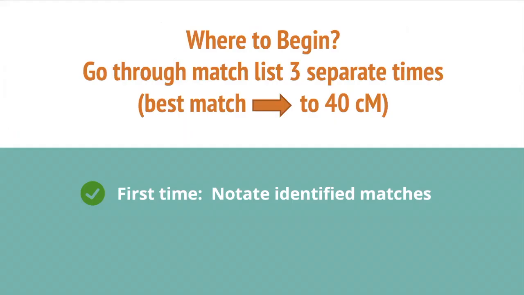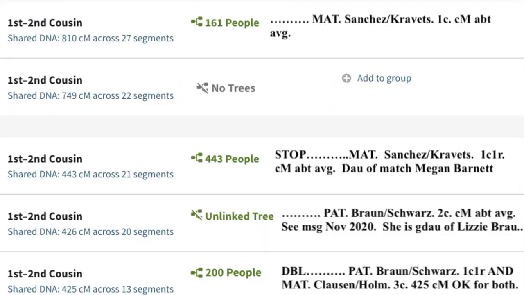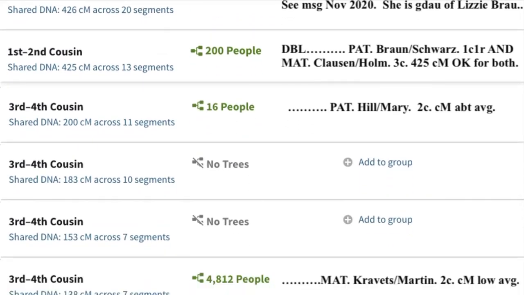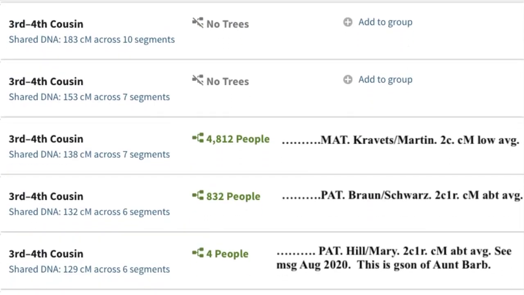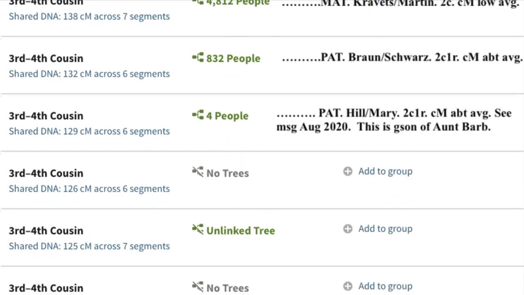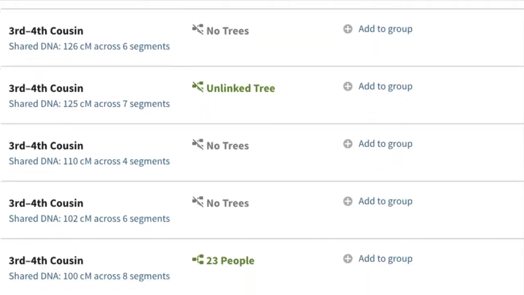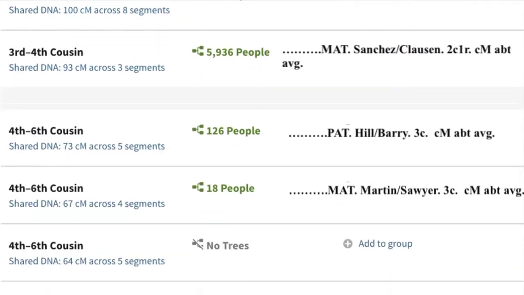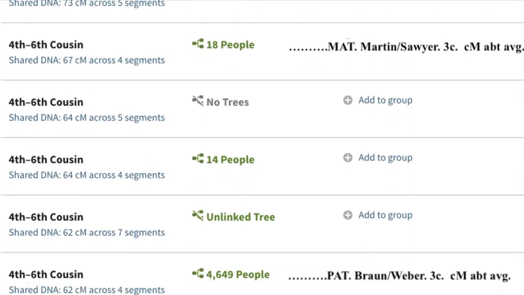Okay, let's fast forward and I'll show you what Glenn's match list looks like after I finish the first time through his match list. I've made notes for all the identified matches, as you can see. Some of them sent little hello cousin messages to Glenn, and that allowed us to identify a few more relationships, and included the fact that we learned about these relationships because of the message at the end of the note.